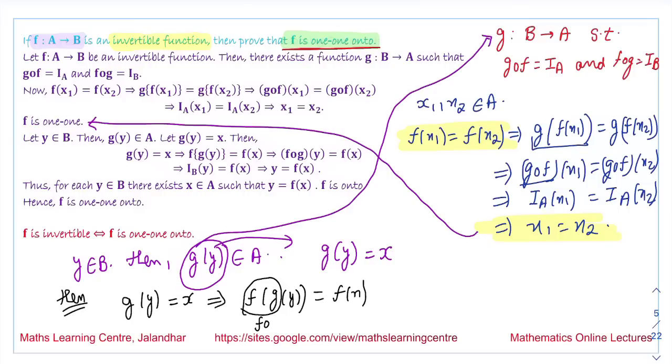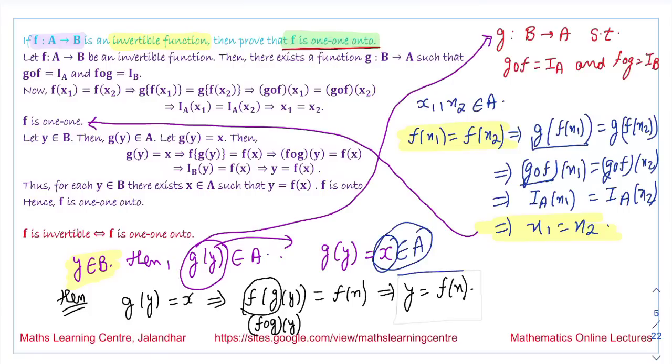This term is f o g of y. So this implies that y is equal to f of x. So what we get is that for every y belongs to B, we have some x that belongs to A, such that y is equal to f of x.